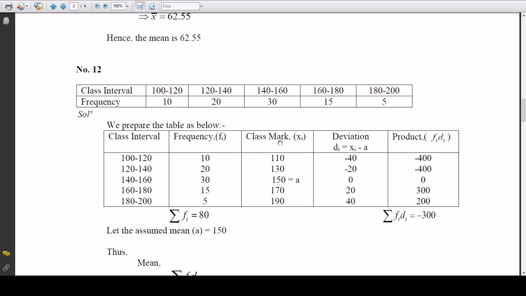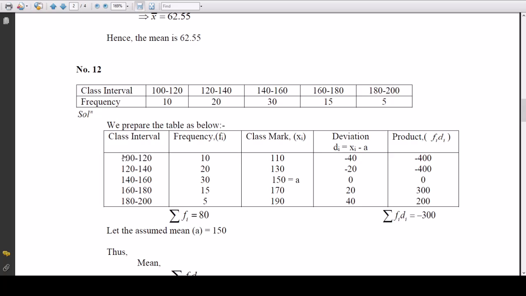Now the class mark, again the same thing. For the class mark, you add the lower limit plus upper limit and divide by 2. 100 plus 120 is 220. If you divide by 2, it is 110. Or you can simply observe the class interval. 100 to 120, what should be the mid value?